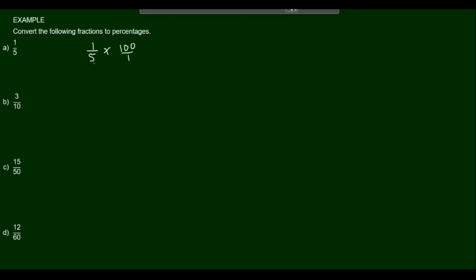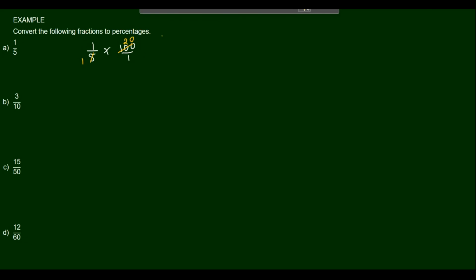Now we can simplify this. Okay, we can divide across a multiplication, meaning that we can look at the highest common factor of 5 and 100, which is 5. So we say 5 divided by 5 is 1, and then 100 divided by 5 is 20.